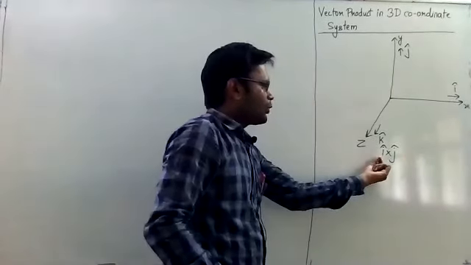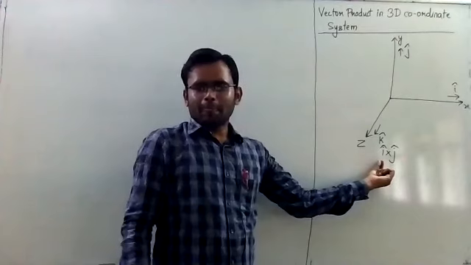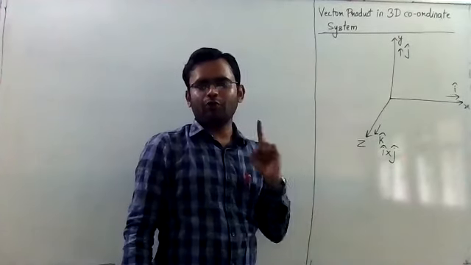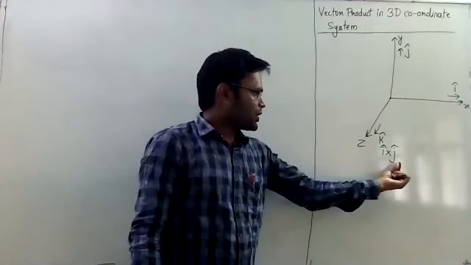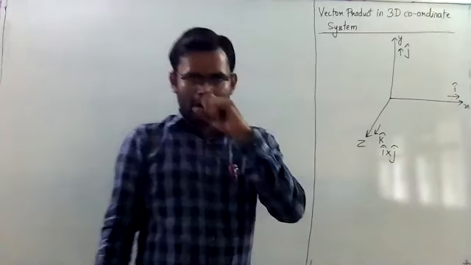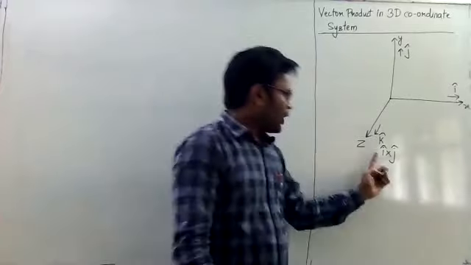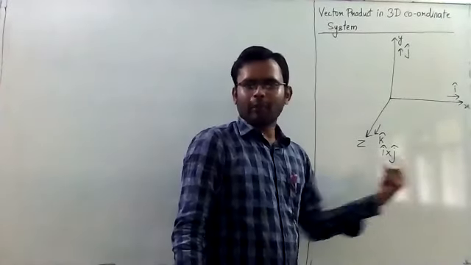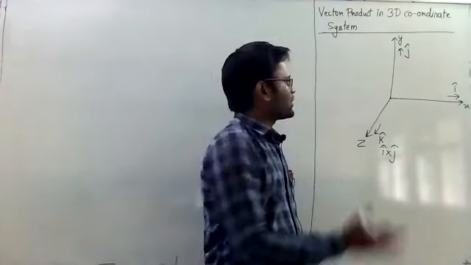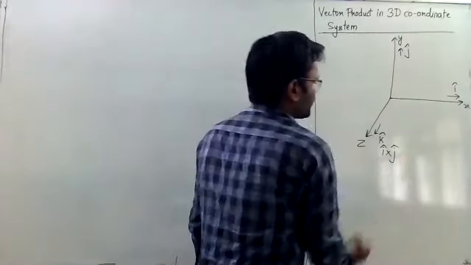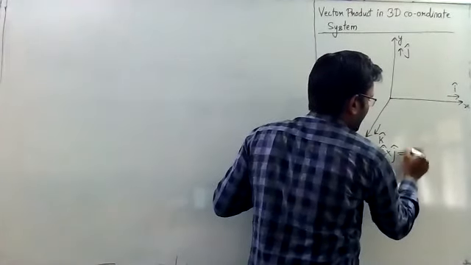Now we have one more thing. What is the magnitude of i? i has a magnitude of 1 unit. j also has a magnitude of 1 unit, and the angle between i and j is 90 degrees. So 1 into 1 into sin 90. Magnitude is 1 and its direction, that is i cross j direction, is along the z axis. So that is equal to k cap.